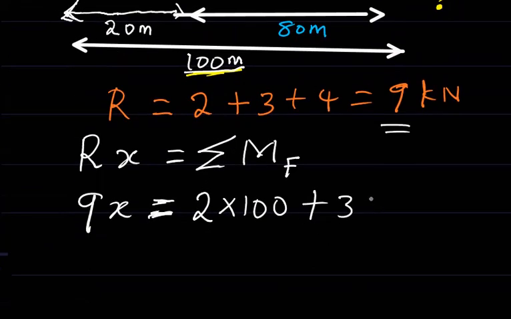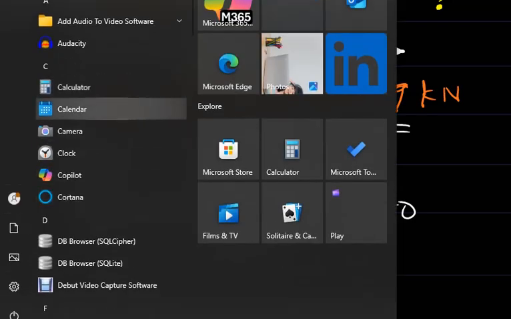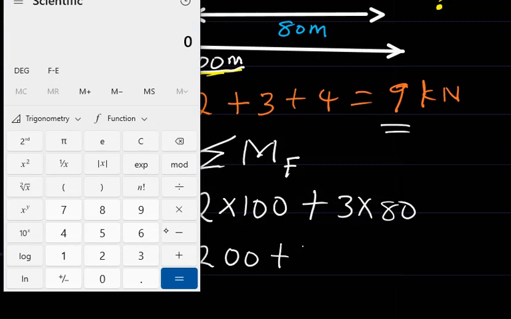So the position from B is going to be equal to 200 plus 3 times 80. 3 times 80 is 240, please pardon me.